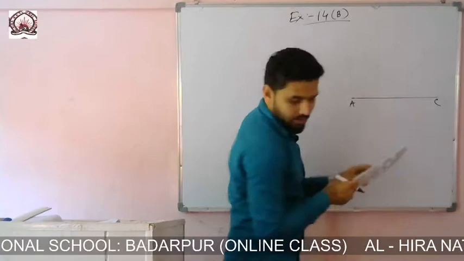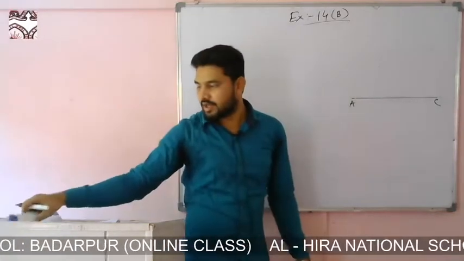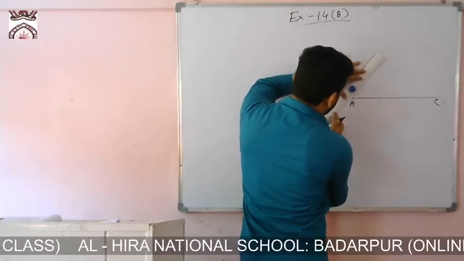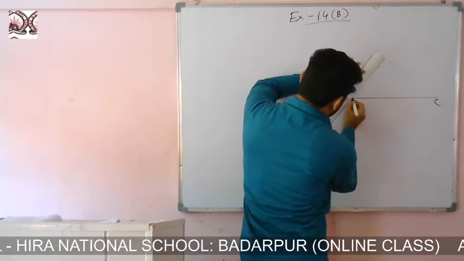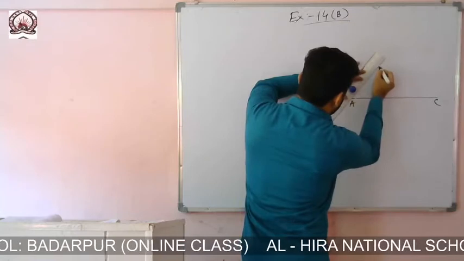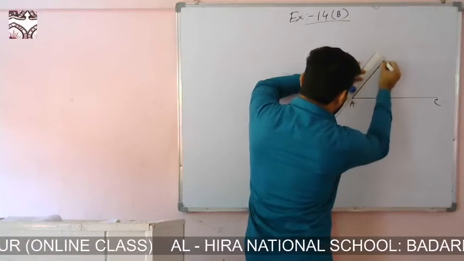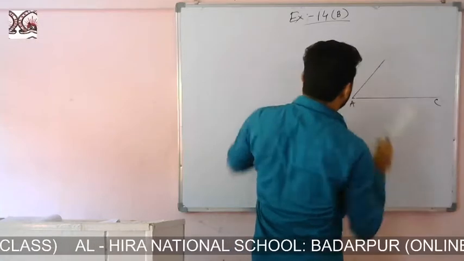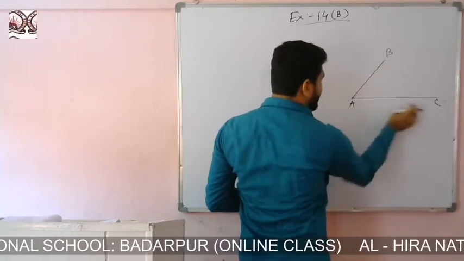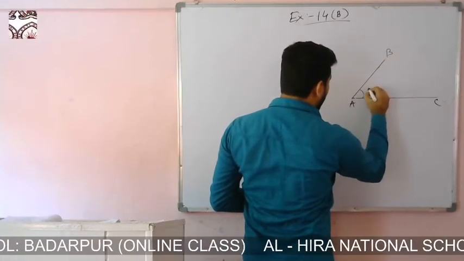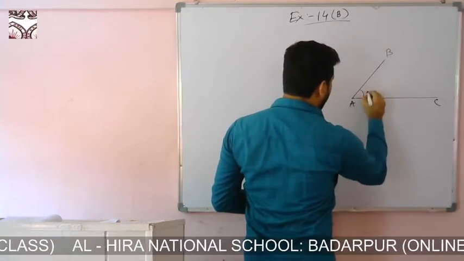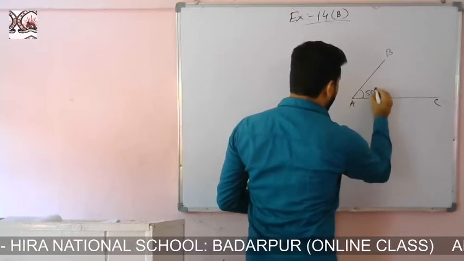After that, you join it with the ruler. Then this angle BAC will be 50 degrees.